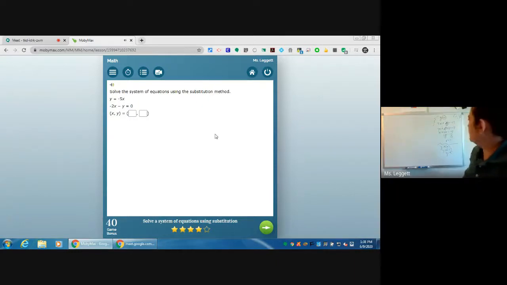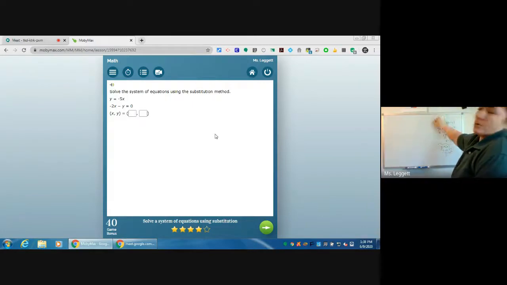Sometimes you're going to be forced to use substitution because they tell you to, even though it's in slope-intercept form and there's all kinds of coefficients in the way. I'm not trying to scare you. I'm just letting you know that this is making it very nice and clean for you.